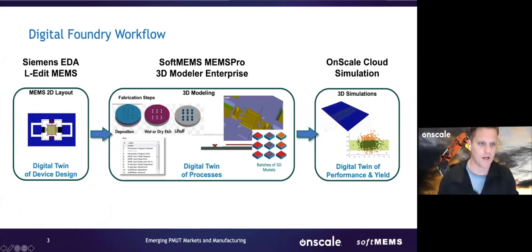So yeah, we covered doing your layout in a tool like Siemens EDA. SoftMEMS will take that layout and create fab accurate 3D models of not only the nominal design, but also the process variation that you can expect. Then you'd have a population or a batch of 3D models. And finally, you would use OnScale to simulate those different 3D models. In this case, these are PMUTs.